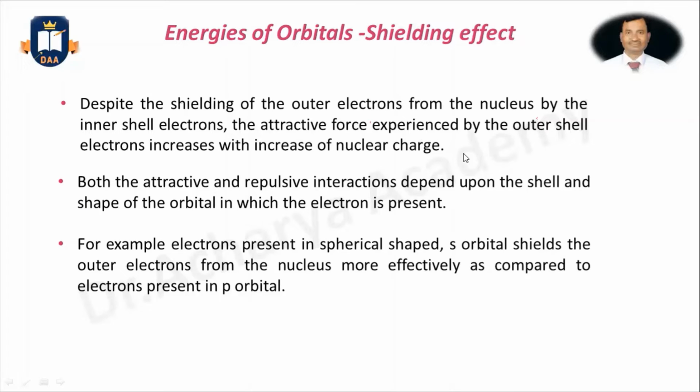Because if nuclear charge Ze increases, then Z effective e also will increase, though the shielding comes from the inner shell electrons for the outer electrons. So both the attractive and repulsive interactions depend on the shell and shape of the orbital in which the electron is present.